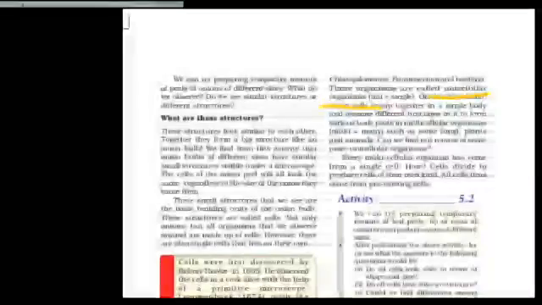Organisms made up of a single cell are called unicellular organisms. Amoeba, paramecium, euglena, bacteria and yeast are a few examples of unicellular organisms.